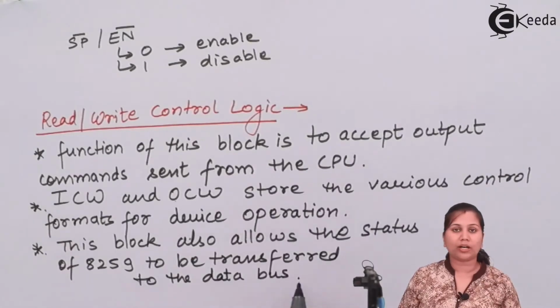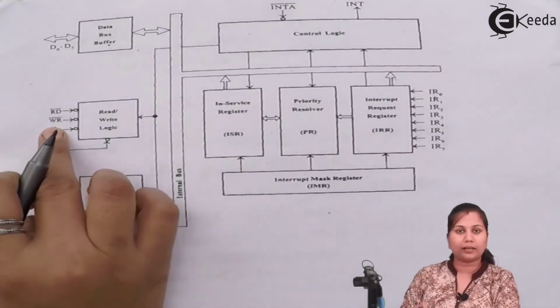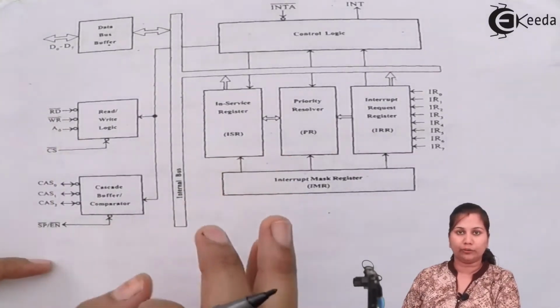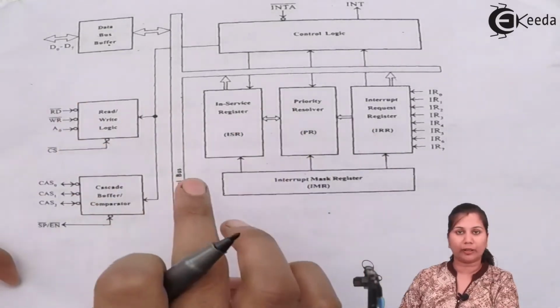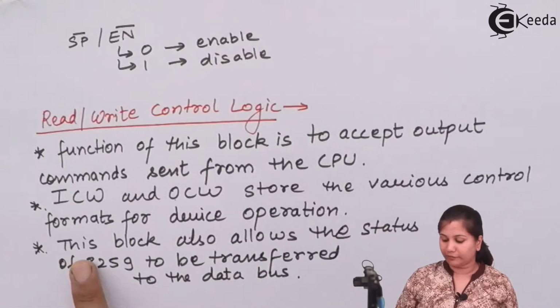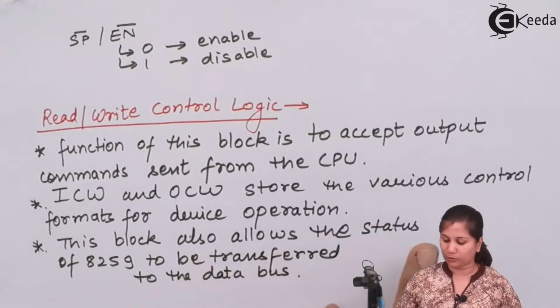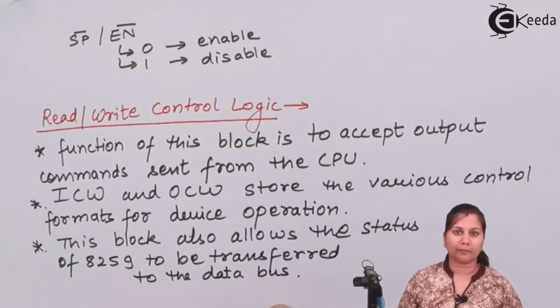Now, as this block has both the read and write signals, through write the command words are given to the 8259, and through the read signal the status of the interrupts is read by the microprocessor. So another function of this block is to allow the status of 8259 to be transferred to the data bus.